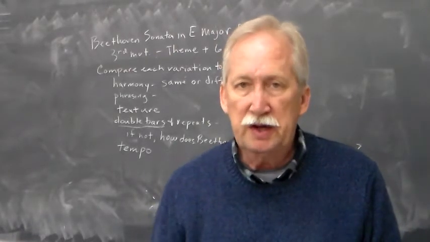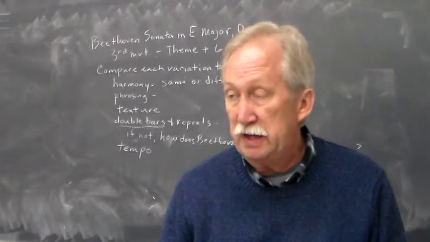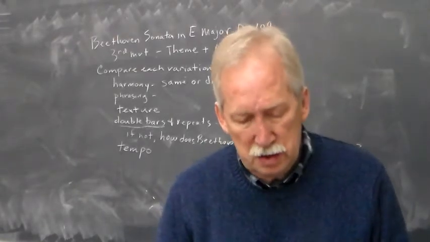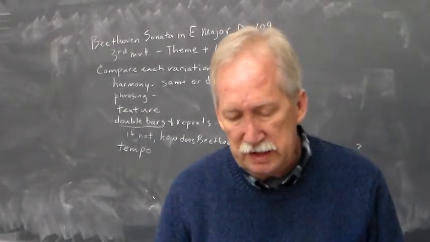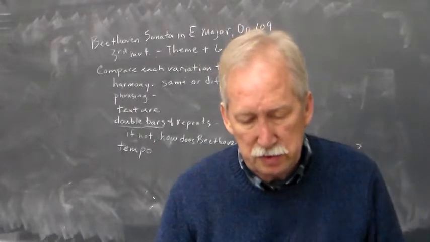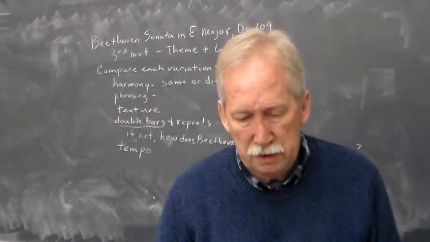The element of contrast, which has to do with the tempo but affects the character. And the use of repeat signs, and the length of the variation and how it compares to the theme.